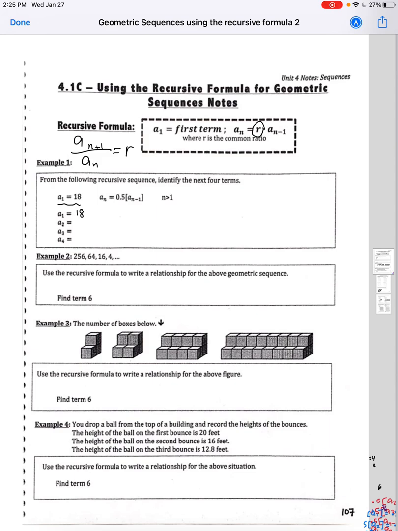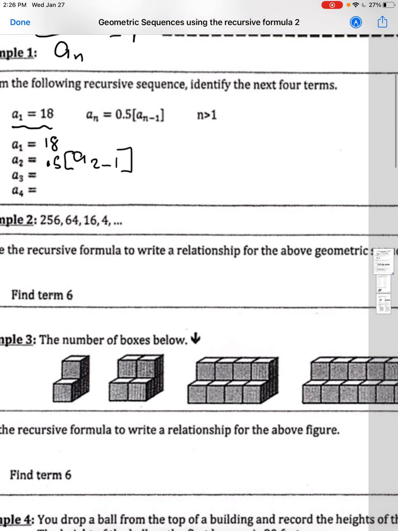Now the next term, A2, is going to be the same thing as 0.5 multiplied by A of 2 minus 1. So what I did there is I plugged in 2 for n in both places.